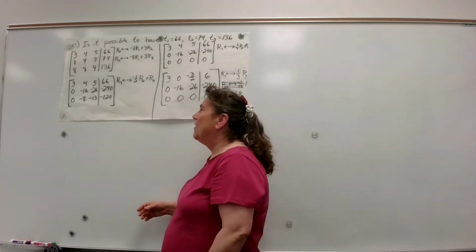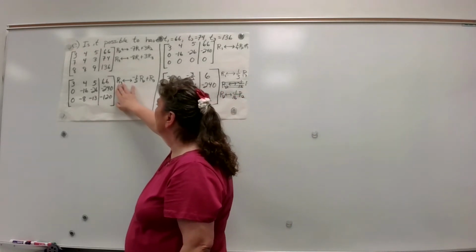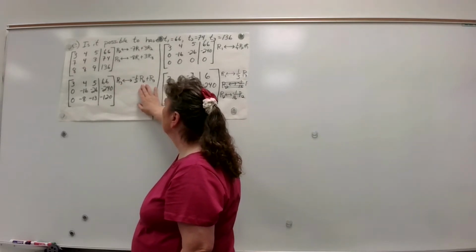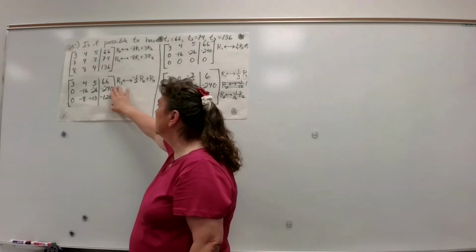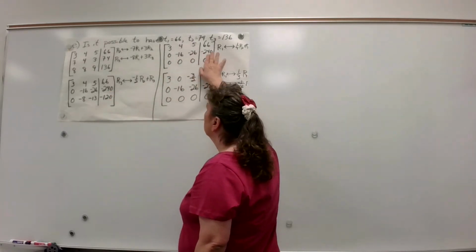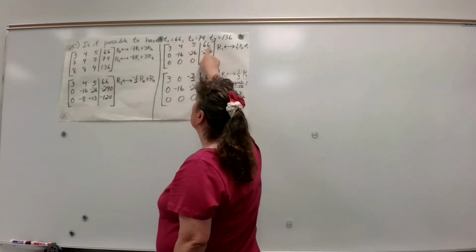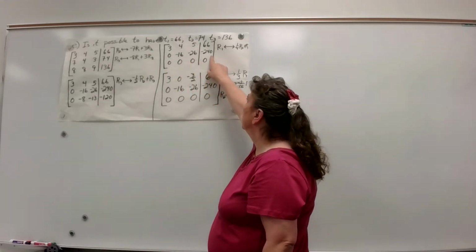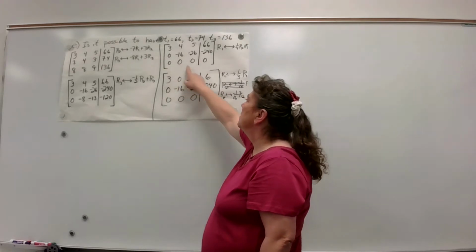So anyhow, our next step is row 3. We are going to do -1/2 of row 2 plus row 3 is going to replace row 3. So when we do that, we end up with 3, 4, 5, 66, then 0, -16, -26, and -240, and 0, 0, 0, 0.